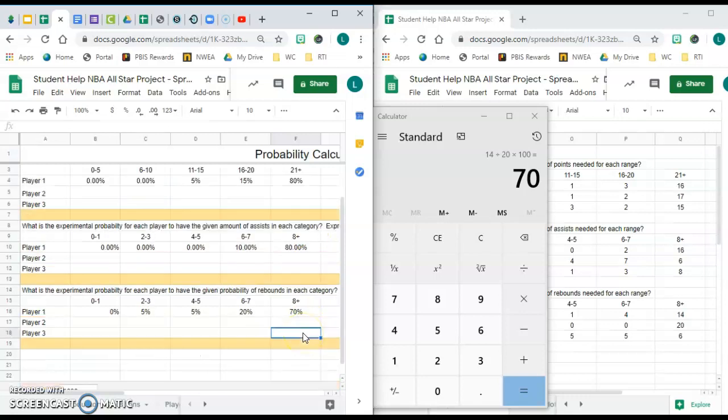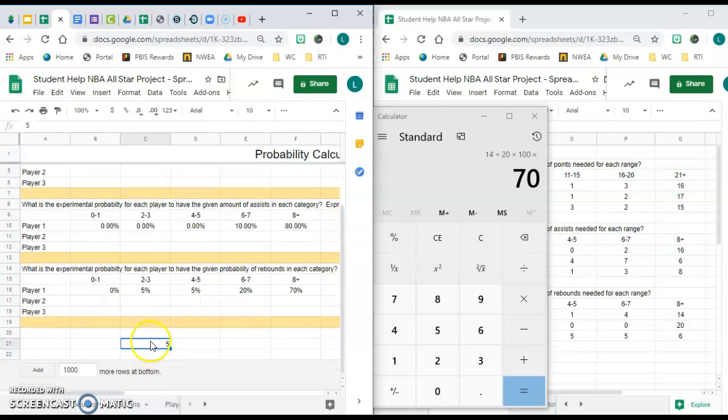I want you to do the rest of them. Let's say that for some reason your number shows up, or you type in 5%, but there's not a percentage sign. There's 2 options. You can either type in 5 and then put the percentage sign by doing Shift 5, and that gives you the percent.